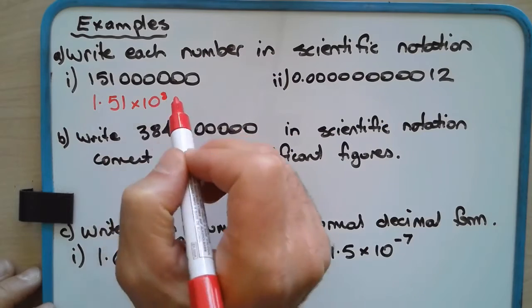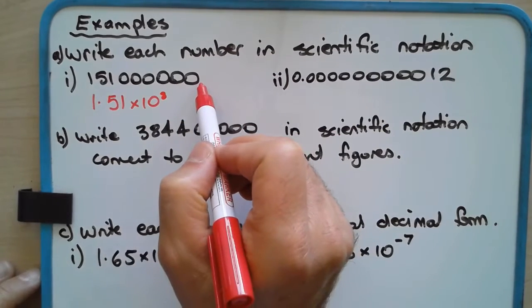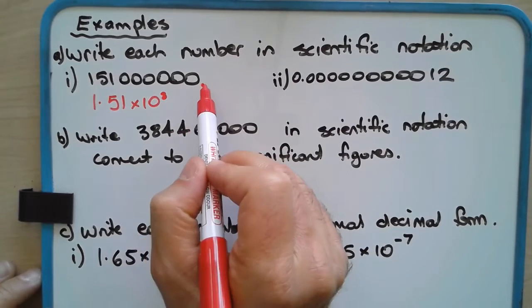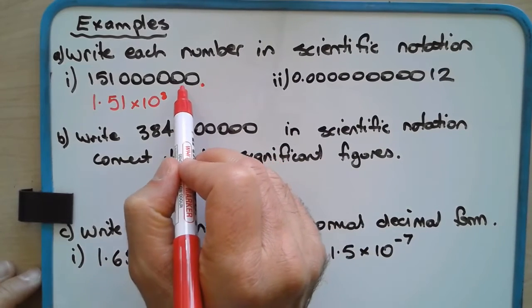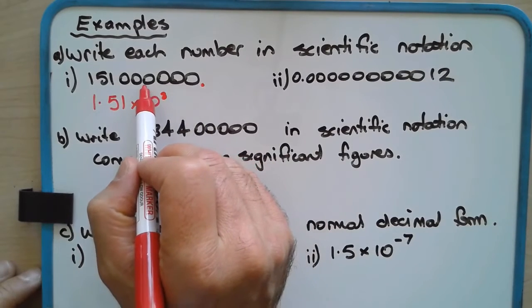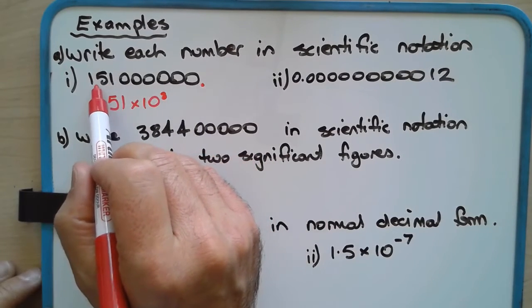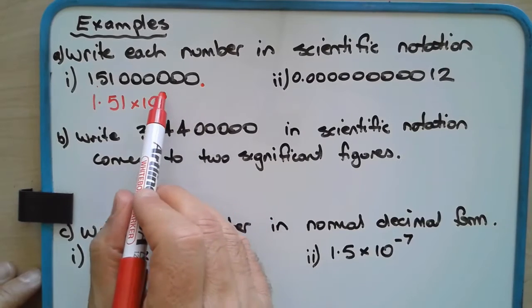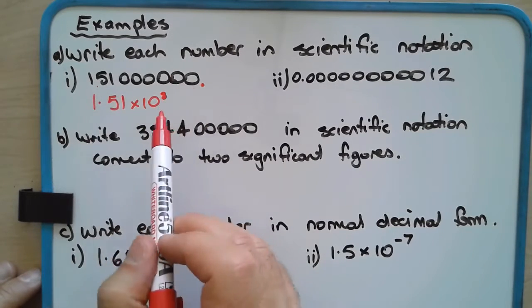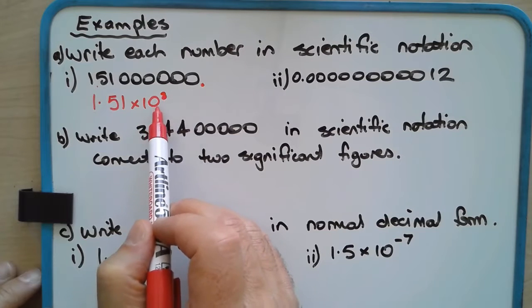Another way you can do that is you pretend there's a decimal point at the end, and there kind of is one there, an implied decimal point. If you move the decimal point so that it's between the 1 and the 5: 1, 2, 3, 4, 5, 6, 7, 8, the number of decimal places that you move it to the left is the index that you use to raise the base 10 by.